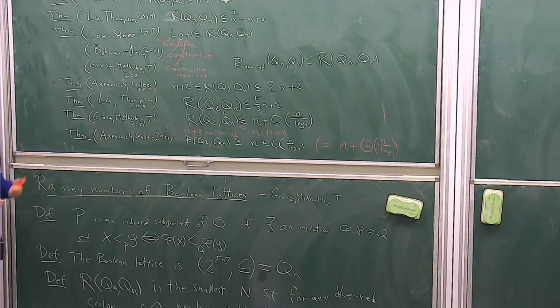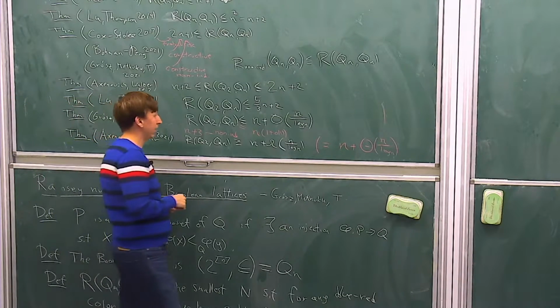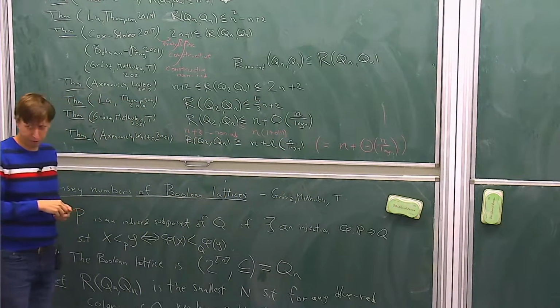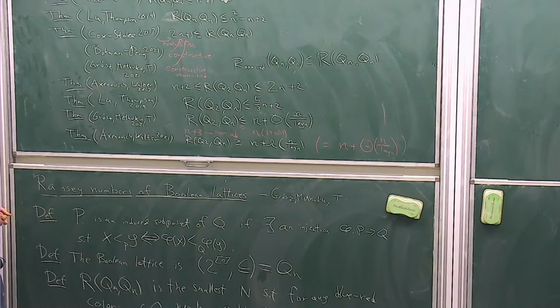But actually, it turns out that this is the correct growth rate of the second term. Okay, so those are the main results that are known. So mostly the rest of the day, I just want to talk about this upper bound and the ideas of how this proof works.